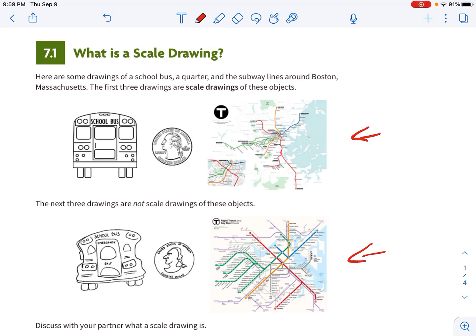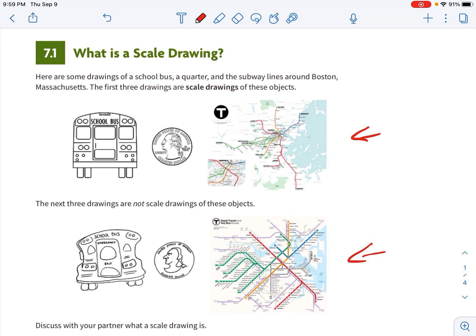So the thing that makes a scale drawing is that it is an exact replica of something, whatever that is. It's either larger or smaller based on the scale size or the scale factor, and all dimensions are going to be proportional.